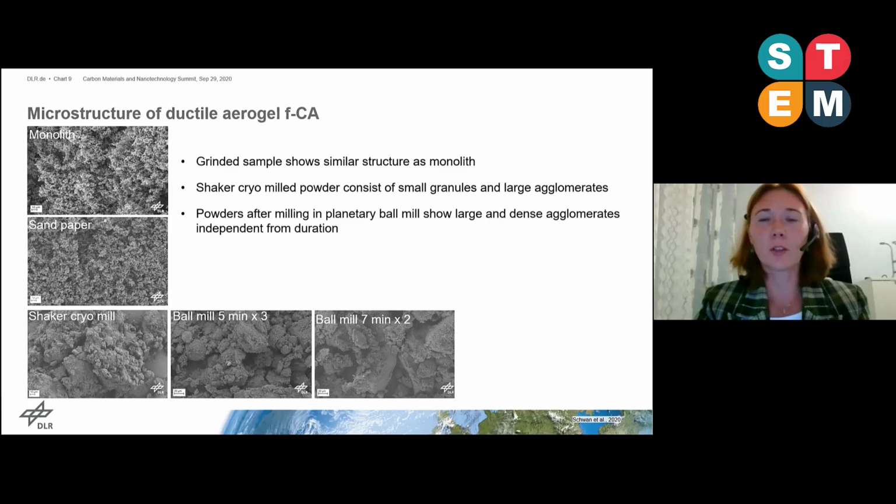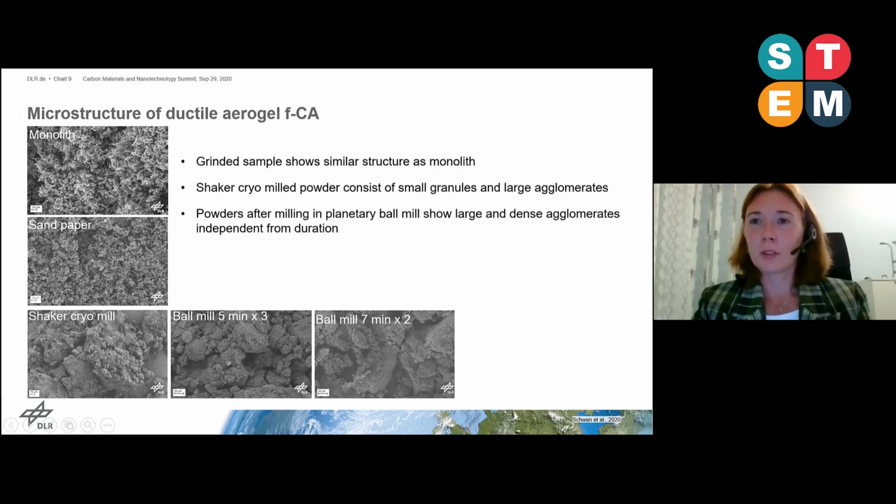So the structure is completely changed. Also, the ball milling did not lead to homogeneous powders. The particles are very, very different in particle size, so here we need maybe another method to prepare homogeneous powder.